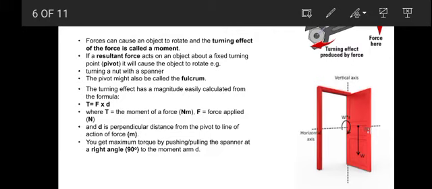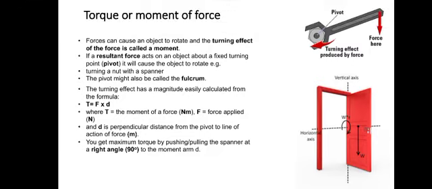The distance from the door handle to its axis of rotation is d, the moment arm. So force multiplied by d will give us torque, and as a result of this torque, this door will be able to rotate.